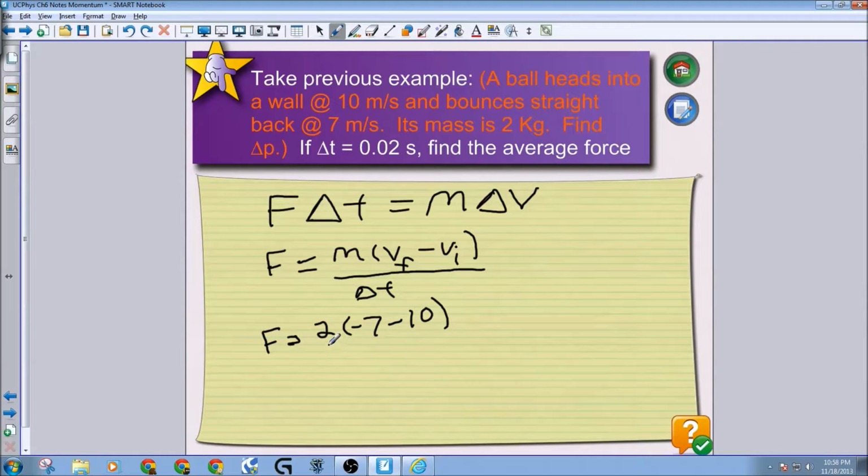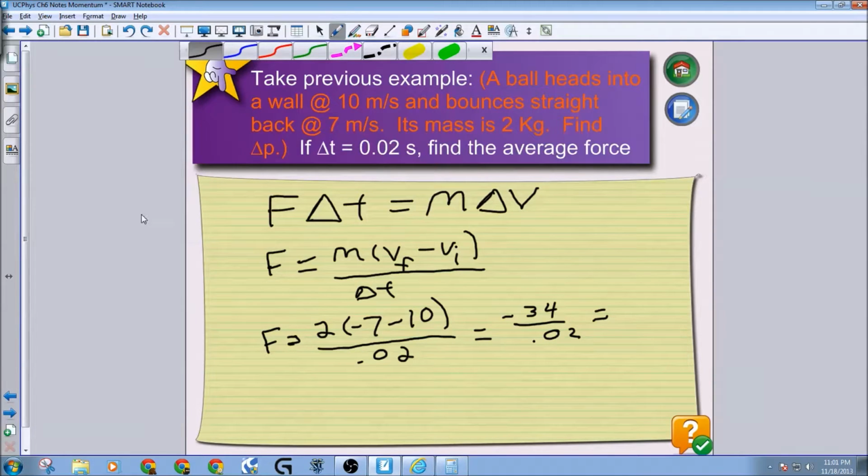Then we divide by your change in time, 0.02, and we end up with -1,700 newtons. I know it's newtons because everything I plugged in was in scientific units.